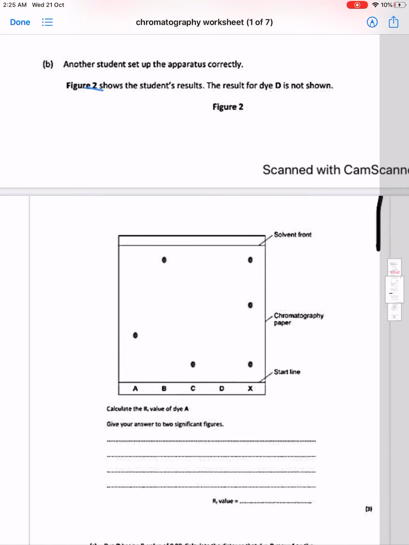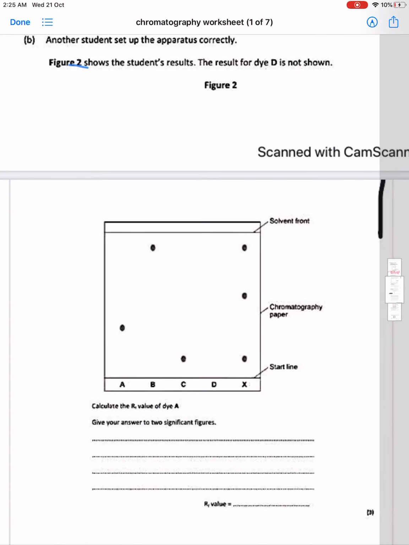Now calculate the RF value of dye A. Basically, the RF value is the distance that has been traveled by the dye, which I'll call A, over the distance traveled by the solvent, which I'll call B. So it's A over B. If you measure the distance A, it would be around 2.8. We're going to divide it by distance B, which is the distance traveled by the solvent. It's going to be around 8.2.